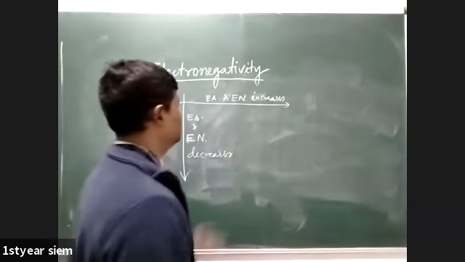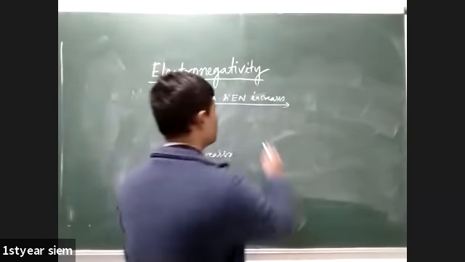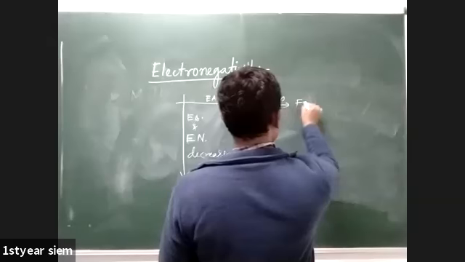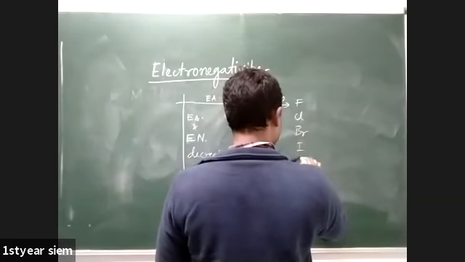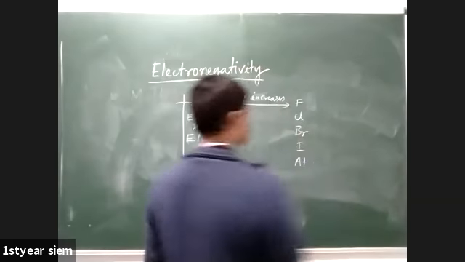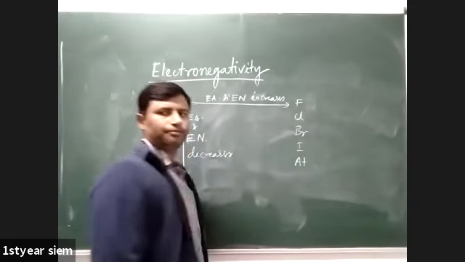That means in the halogen family, fluorine, chlorine, bromine, iodine, what is the order of electronegativity?